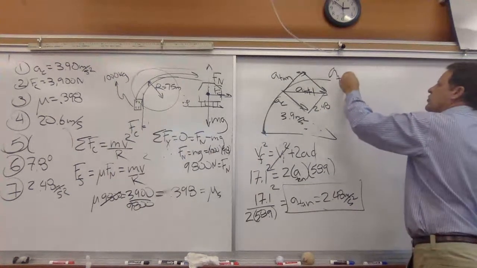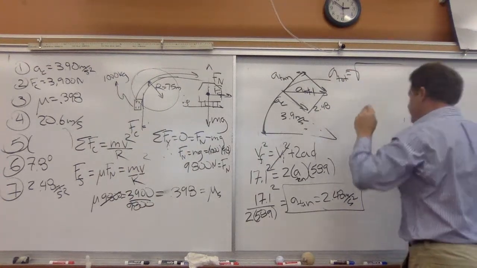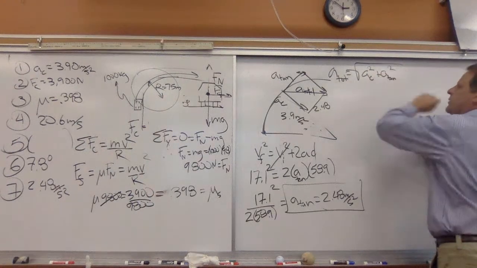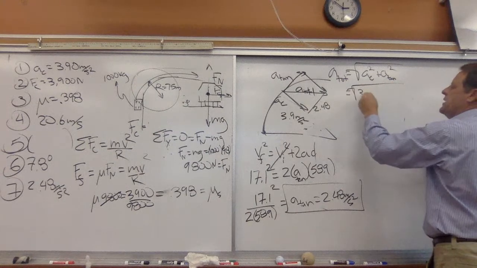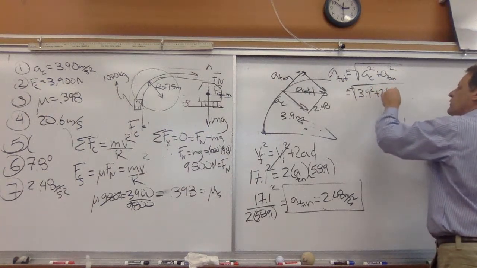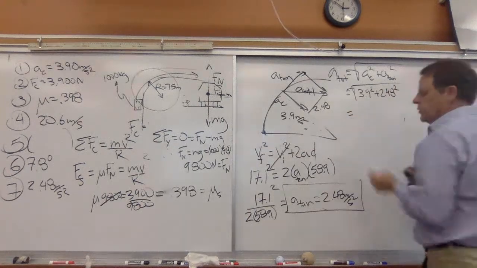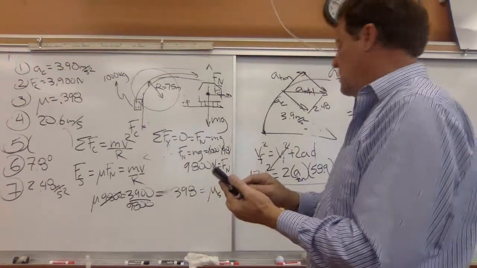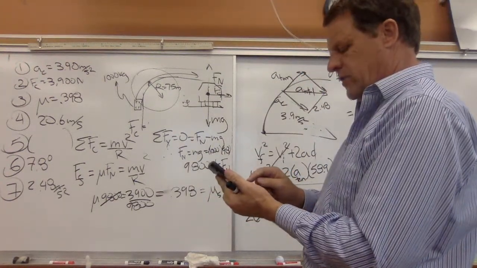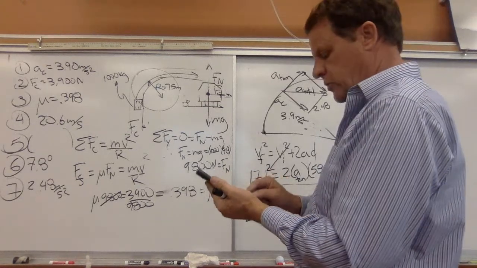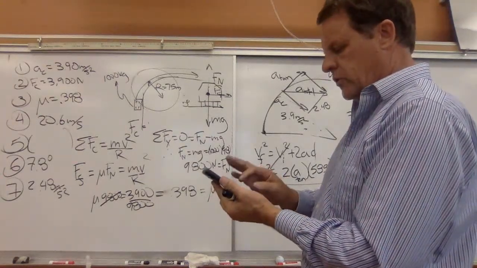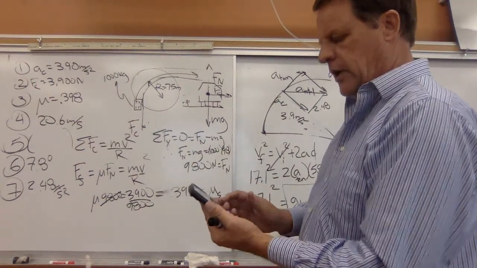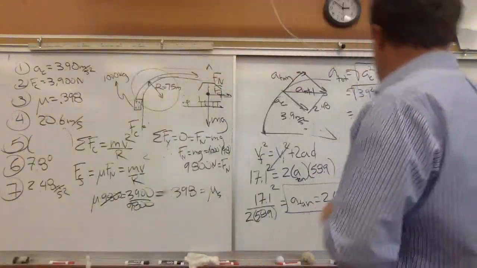So our total acceleration is equal to the square root of centripetal acceleration squared plus tangential acceleration squared: the square root of 3.9 squared plus 2.48 squared, and we're going to get 4.62.